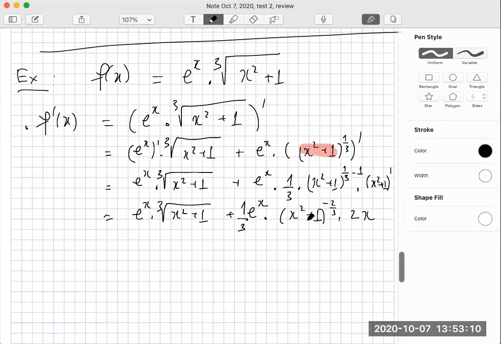Now, we can stop here. Okay? But we can do one more step if you want to. So the constant here, we can multiply it. It will be 2/3 e to the x. The negative power, we can push it down to the denominator, right?